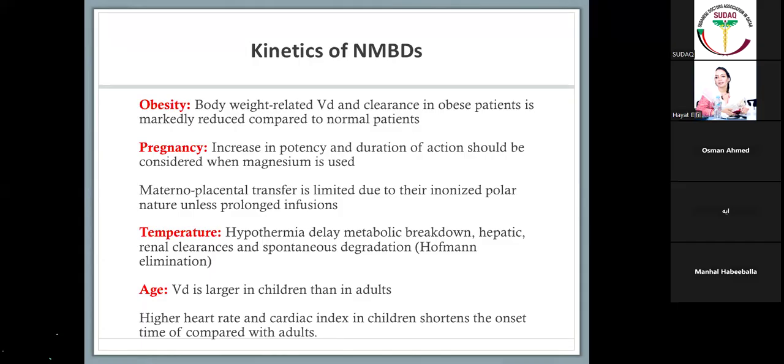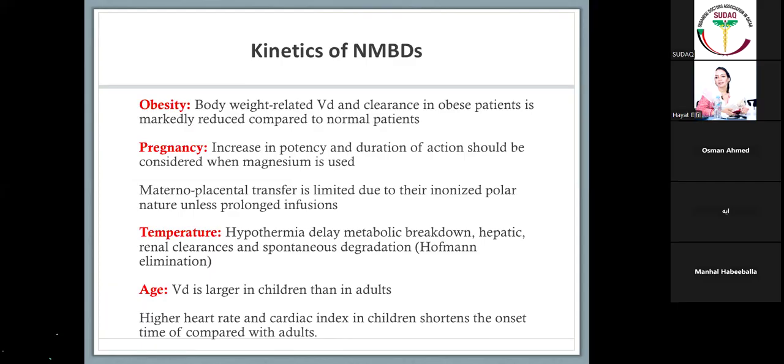Pregnancy affects the kinetics of those drugs in terms of body volume, and these things will also affect to some degree. But most important, if the patient is taking magnesium, magnesium is one of the drugs which potentiate the action of muscle relaxants, and you have to take that into consideration.